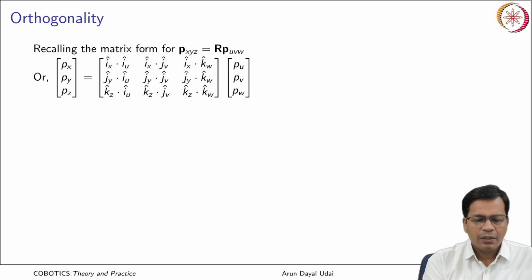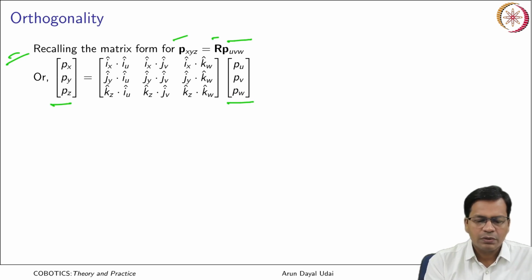Now let us recall our matrix which look like this. So the general rotation matrix applied over the PUVW point, which was the initial position vector, gave me a PXYZ point. Okay, that is a rotated point, or a position vector or a vector. Okay, so this is my initial point, this is the rotated point.